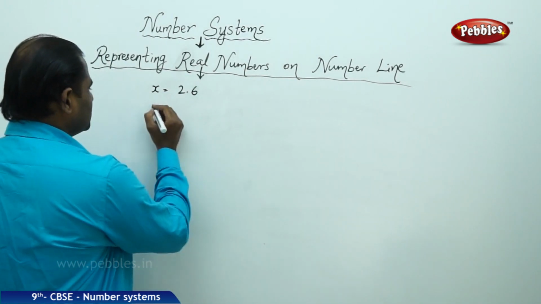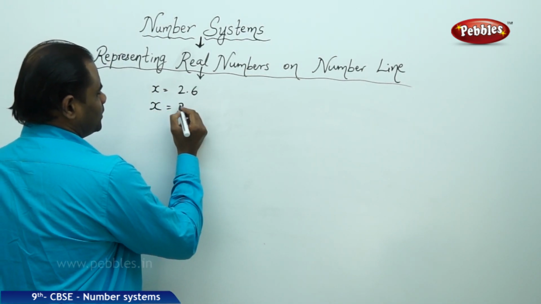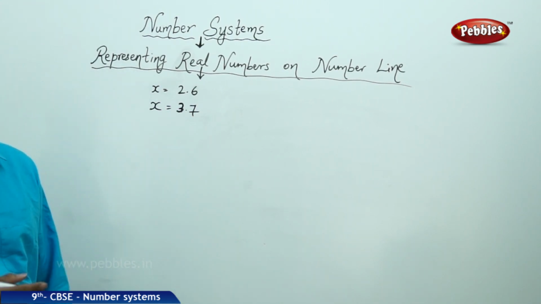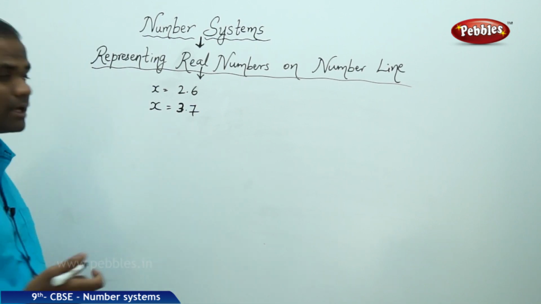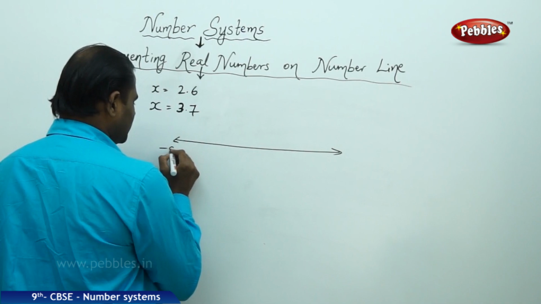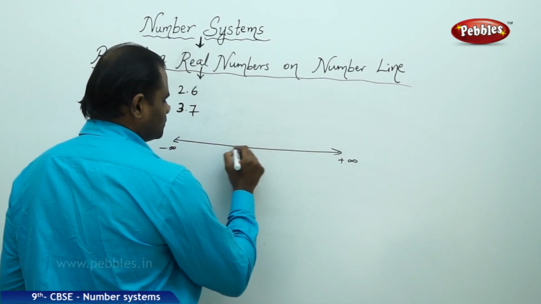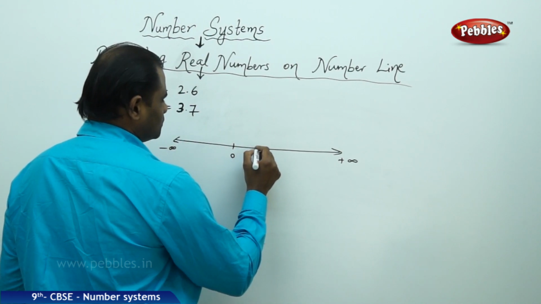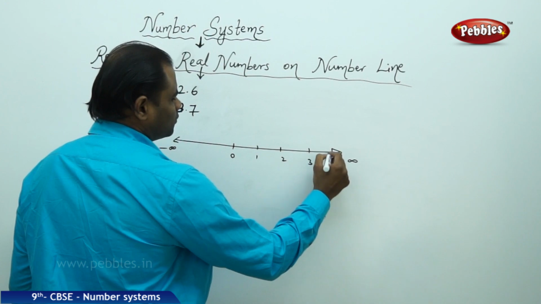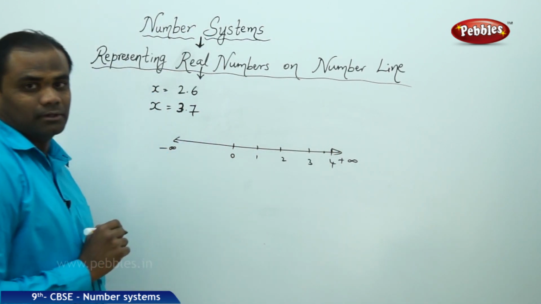Or say for example, I take x equals 3.7. I find 3.7 to be easily located on the number line, because if I have the number line with minus infinity, plus infinity, 0, 1, 2, 3, and 4, etc., then I find 3.7 approximately here.